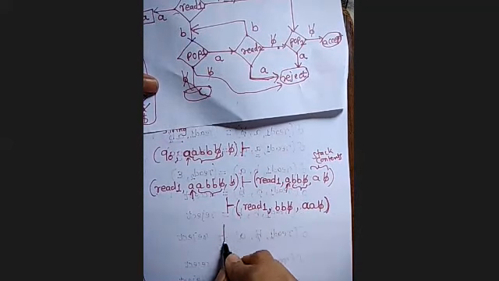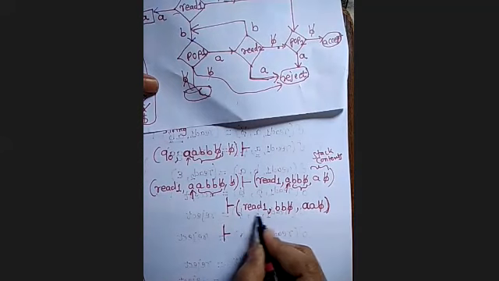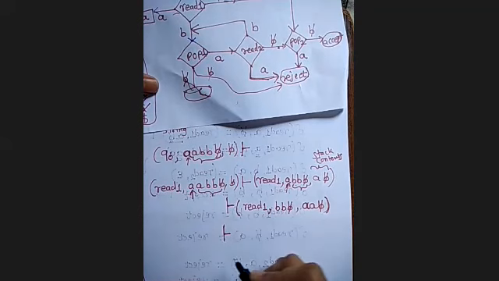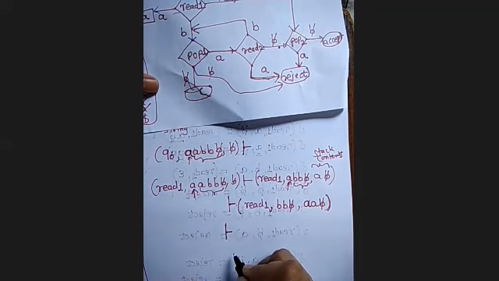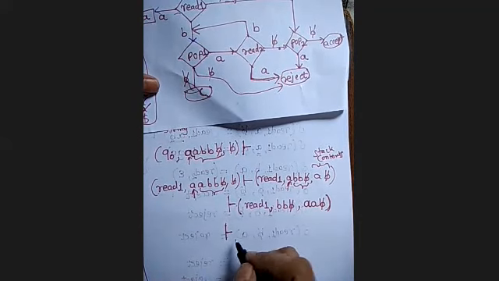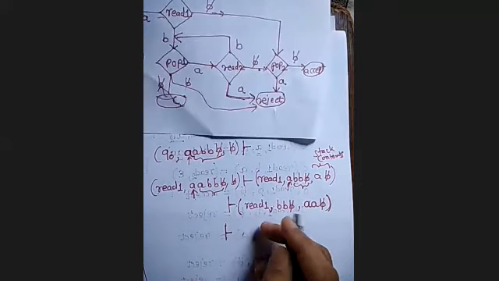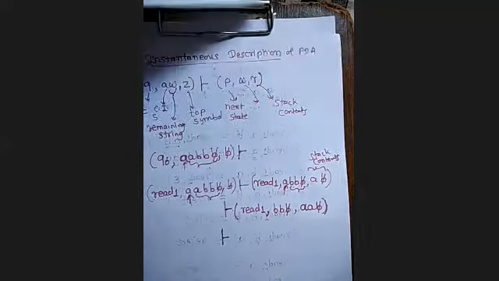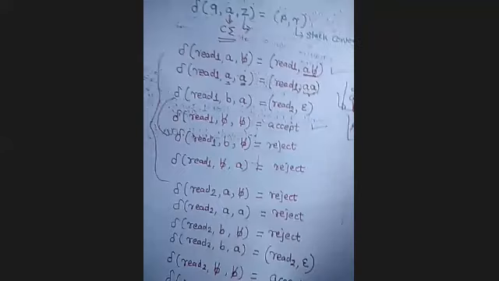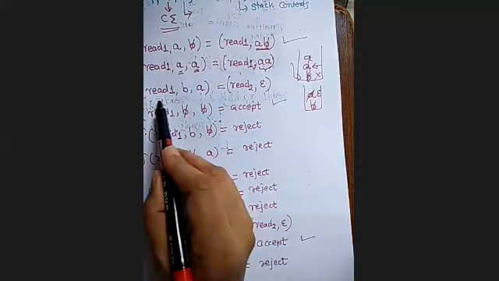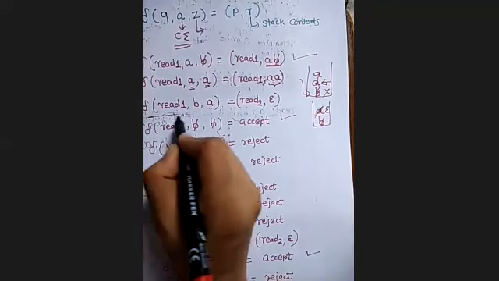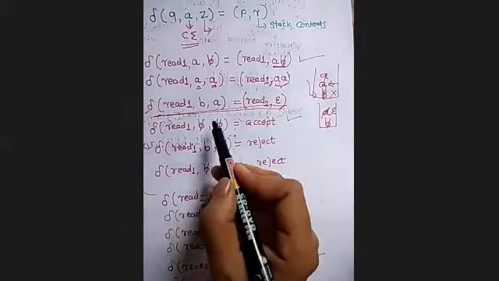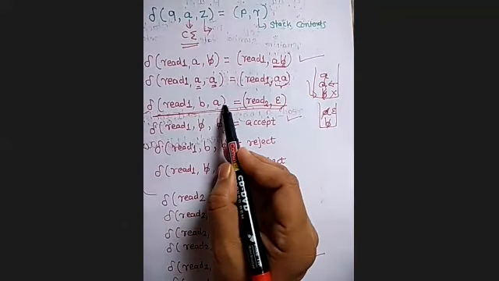Now, next step. Read one is the current state. B is the current input symbol. What is the action? What is the next step? You can see the equations. Read one, B, A. What is the next state? I have to check them. Read one BA, this is our current transition.